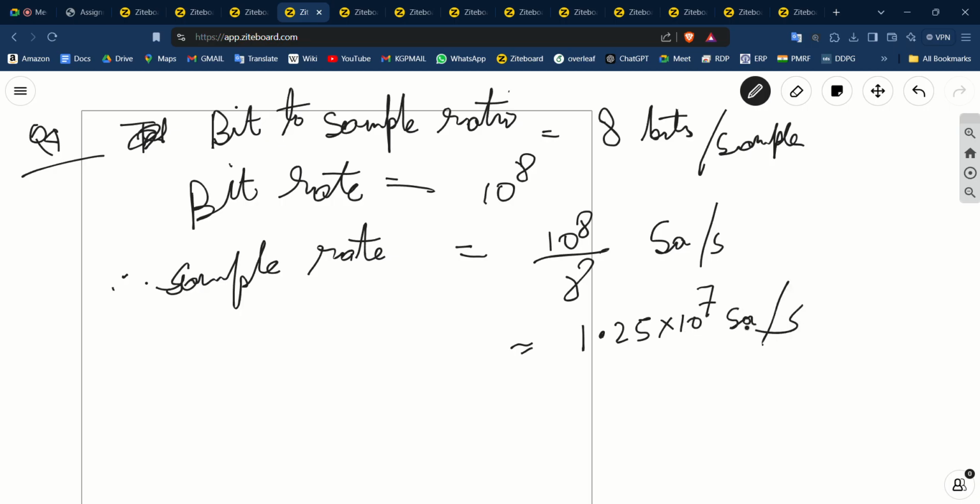Now the minimum sampling rate should be twice the bandwidth. This is the minimum sampling rate. It cannot go below this. This is called the Nyquist rate, F Nyquist.